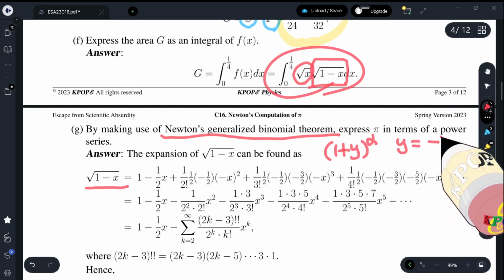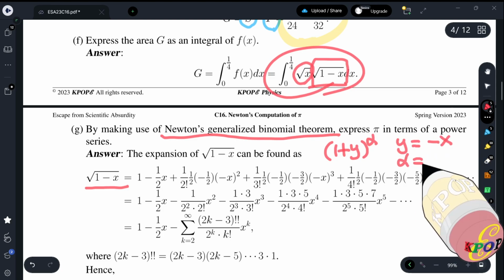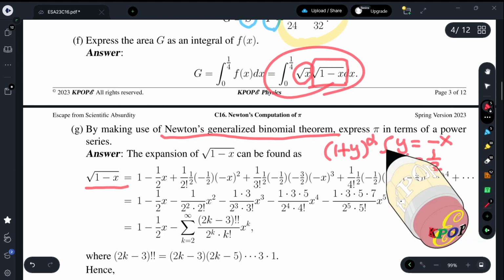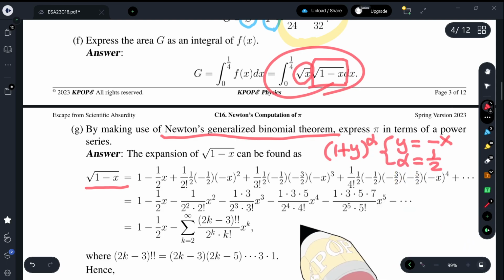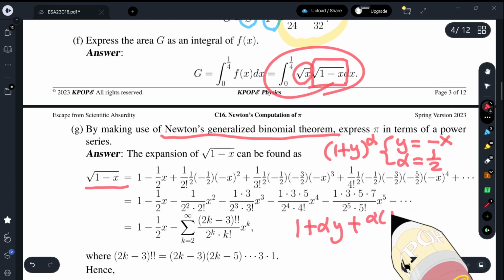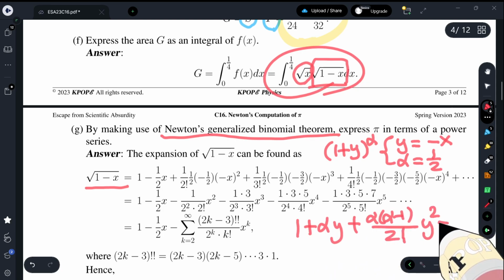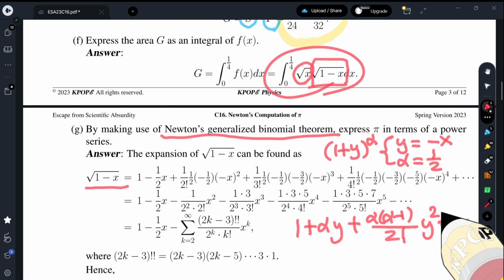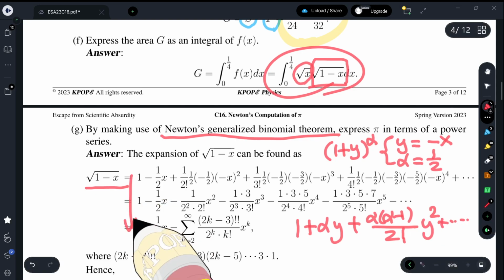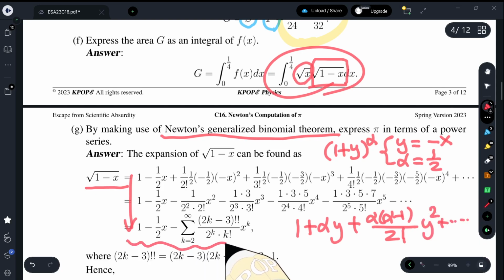Y equals minus x, alpha equals 1/2. And this one will be 1 plus alpha y, alpha times alpha minus 1 over 2 factorial y squared, and so on. It's an infinite series. If I simplify this expansion, I arrive at this formula.